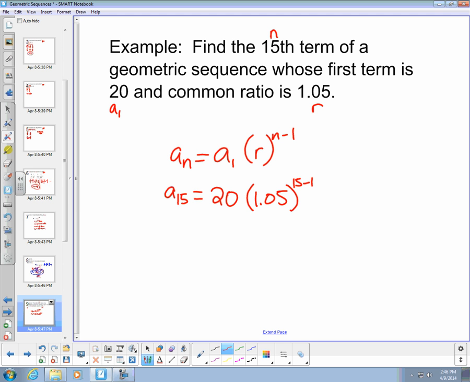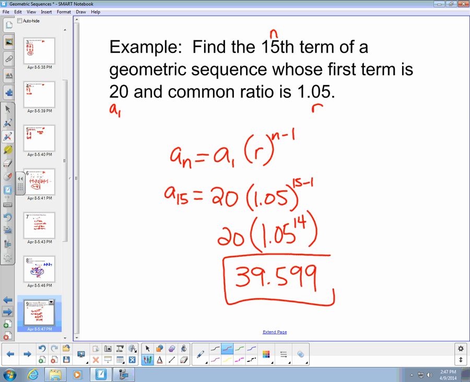So 15 minus 1 is 14. And you're going to raise 1.05 to the 14th power first, and then multiply that answer times 20. And when you put this in the calculator, you're going to end up with approximately 39.599. If you have to round, go to at least 3 decimal places.